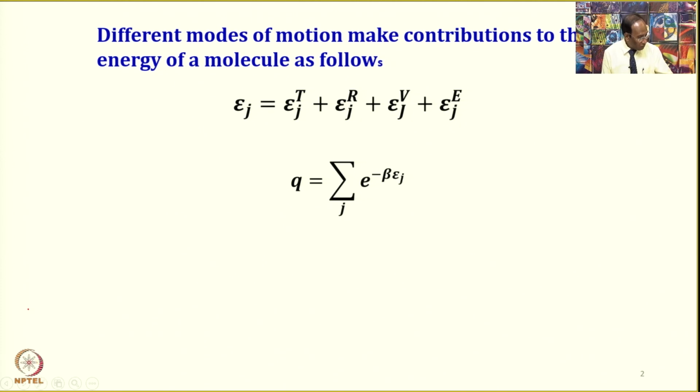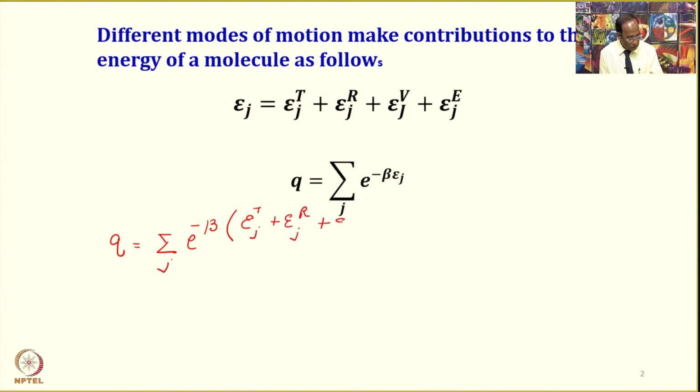That means now q is equal to summation over j of exponential minus beta times Ej translational plus Ej rotational plus Ej vibrational plus Ej electronic. So, translational, rotational, vibrational, electronic, summed over all these states.